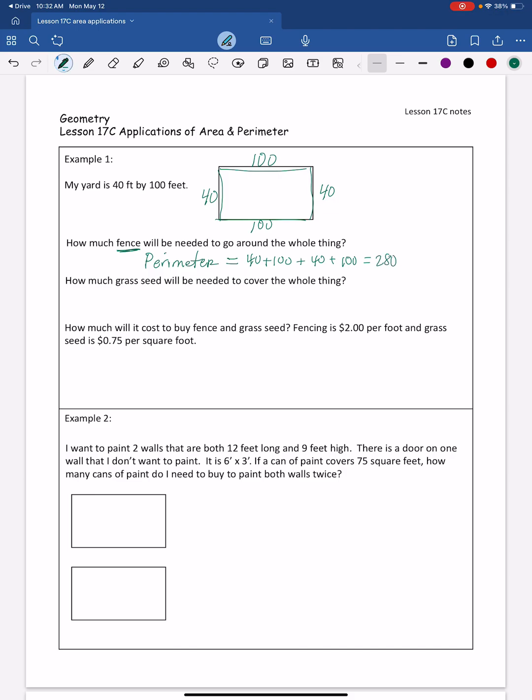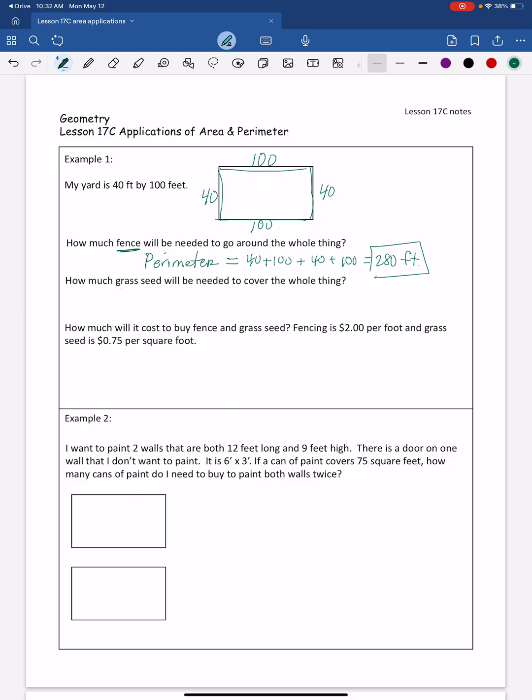And one of the other important things in applications is to label. Perimeter is just measuring straight lines, so that is just going to be plain old feet. So this first answer, it would take 280 feet to fence in my yard.